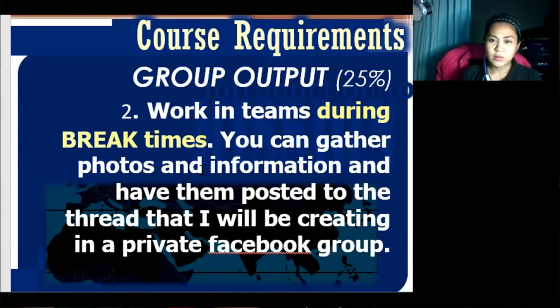Gather the photos and information, and have them posted to the thread that I will be creating in a private Facebook group, which I will send to your email or Facebook. Perhaps we will have a group chat in Facebook for us to discuss more about your group project.